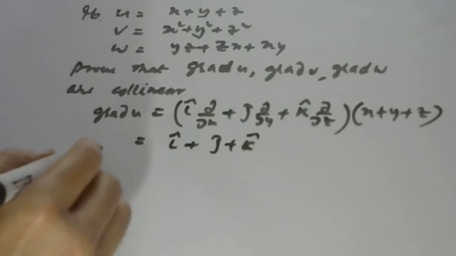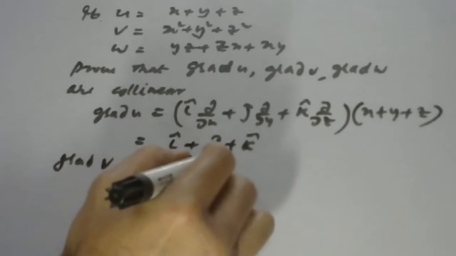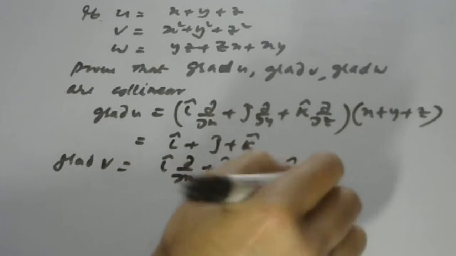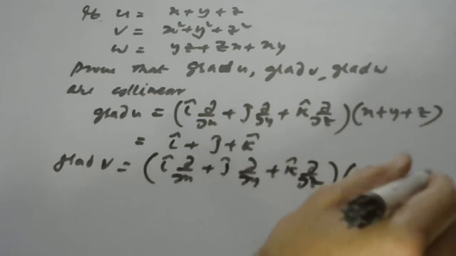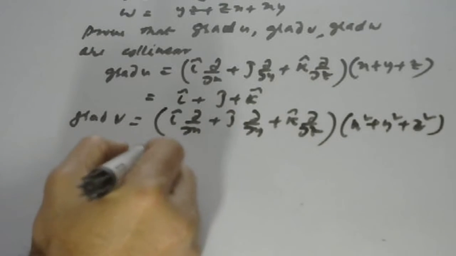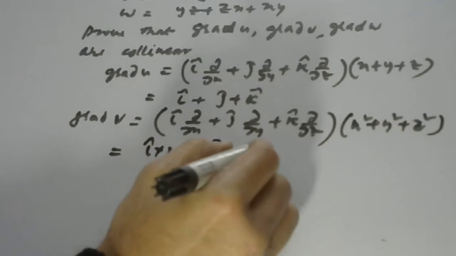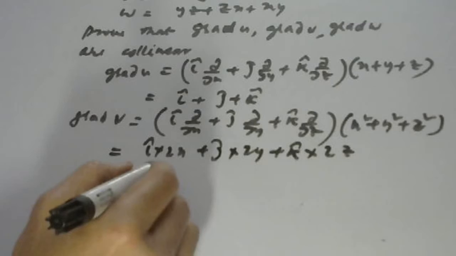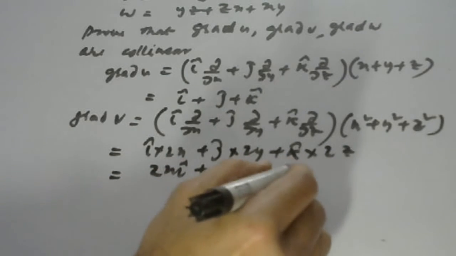Grad of v, now next part is v, i cap del upon del x plus j cap del upon del y plus k cap del upon del z into x square plus y square plus z square. Next, this is i cap into 2x, j cap into 2y plus k cap into 2z, 2x i cap plus 2y j cap plus 2z k cap.